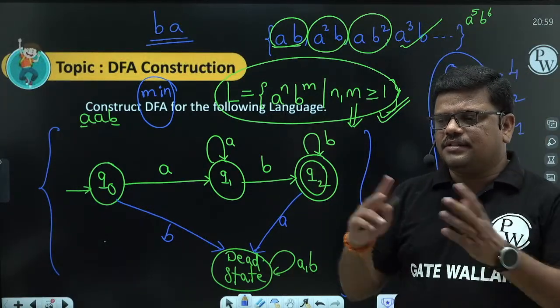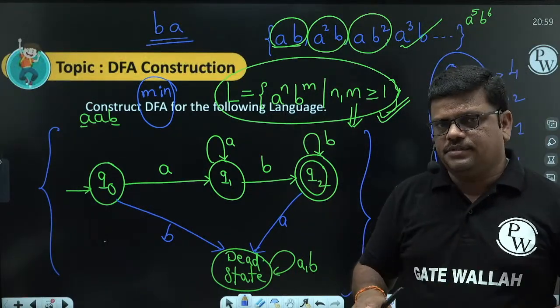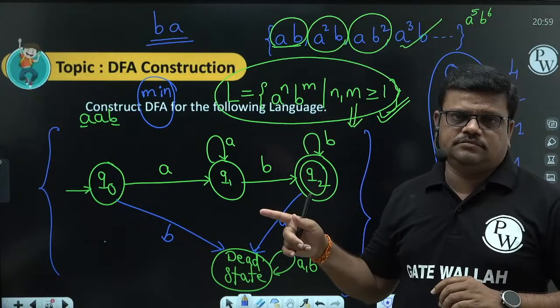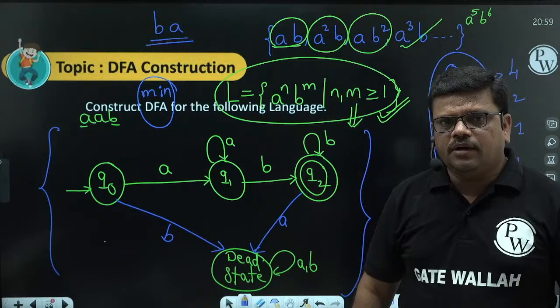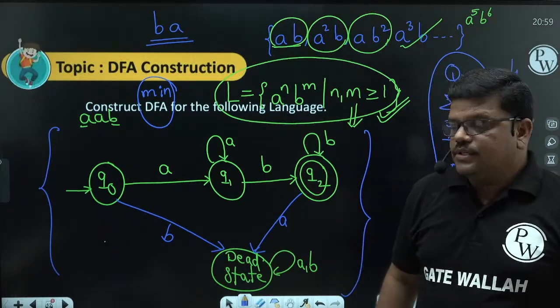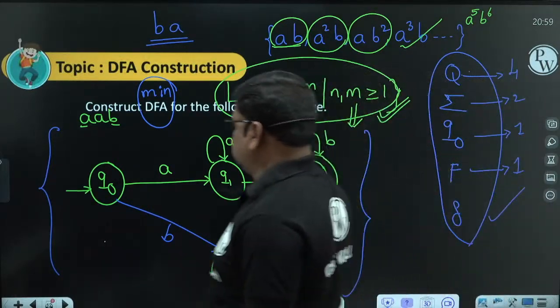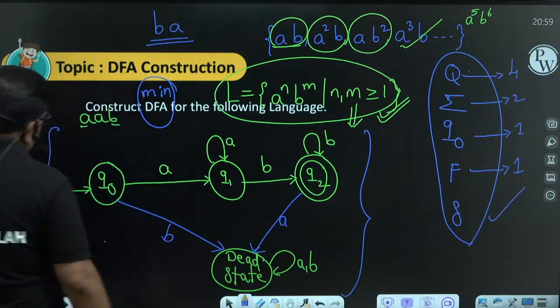If you just construct any normal automata, that is not sufficient, even though it is a valid DFA. Even the valid DFA, they don't want that. Definitely they want a minimal state DFA. So is it the minimal one? Whatever we constructed, is it the minimal one?